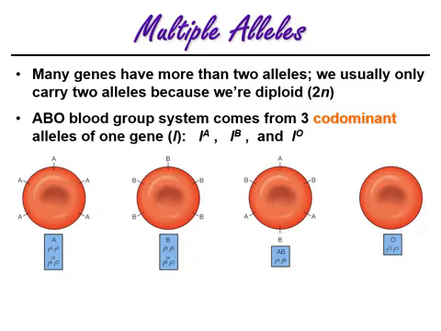These are biconcave discs, erythrocytes, red blood cells, and there are little oligosaccharides, a glycoprotein with some sugars. The last sugar is the antigen that determines what blood type we are. And these are all encoded by one gene.